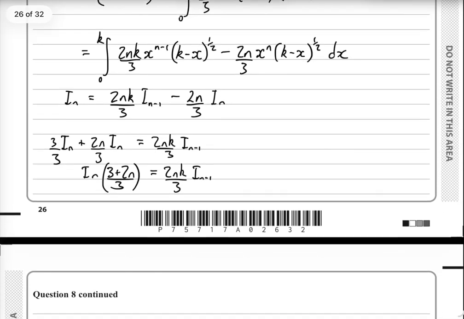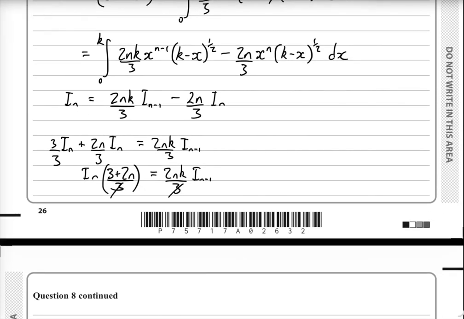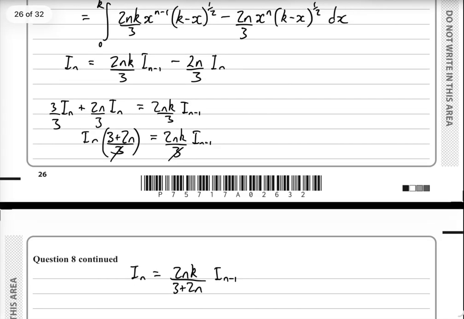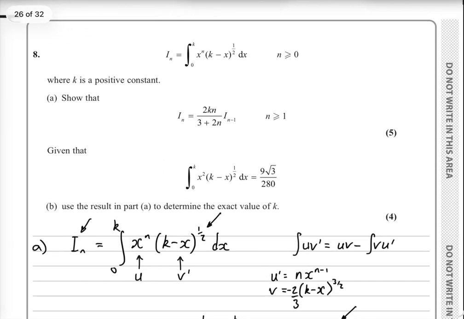Divide through by the bracket, actually the 3's cancel. Divide through by the bracket, and we get 2nk over 3 plus 2n lots of I_(n minus 1), and hopefully that matches. 2nk over 3 plus 2n, yes.